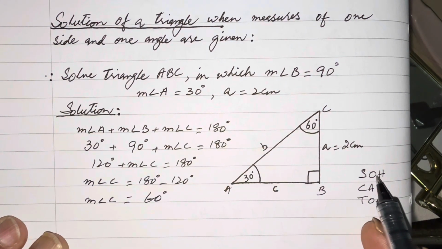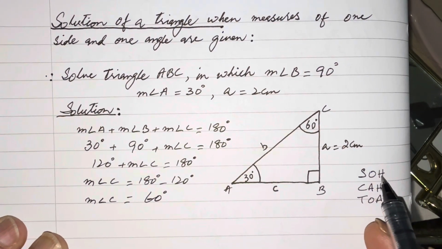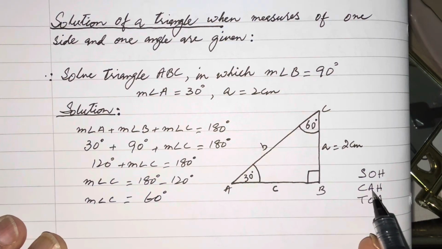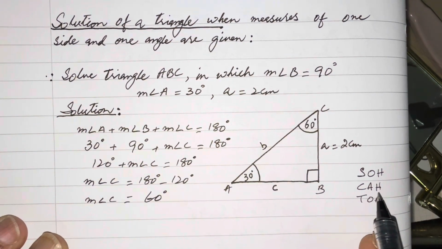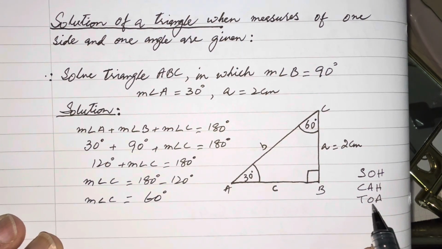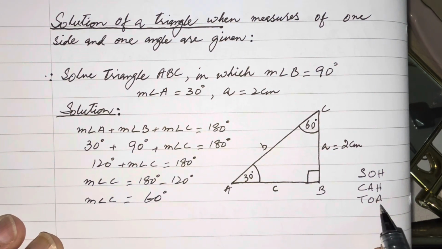So sine will be equal to opposite over hypotenuse. CAH: cos is equal to A for adjacent side, H for hypotenuse, adjacent over hypotenuse. And T for tangent is equal to opposite side divided by adjacent side.